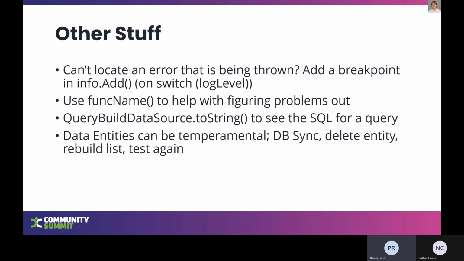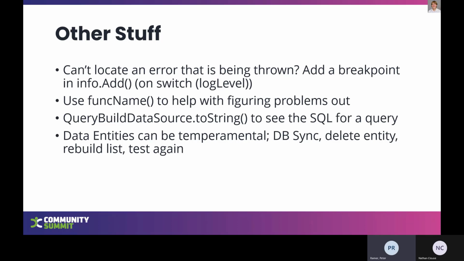And then when that error message is being thrown, it's always going through this info.add method, and you can look at the call stack to understand what class or method is throwing that error message, and back out from there, put a breakpoint in that class and method, look at the variables, and understand what contributed to that error being called.